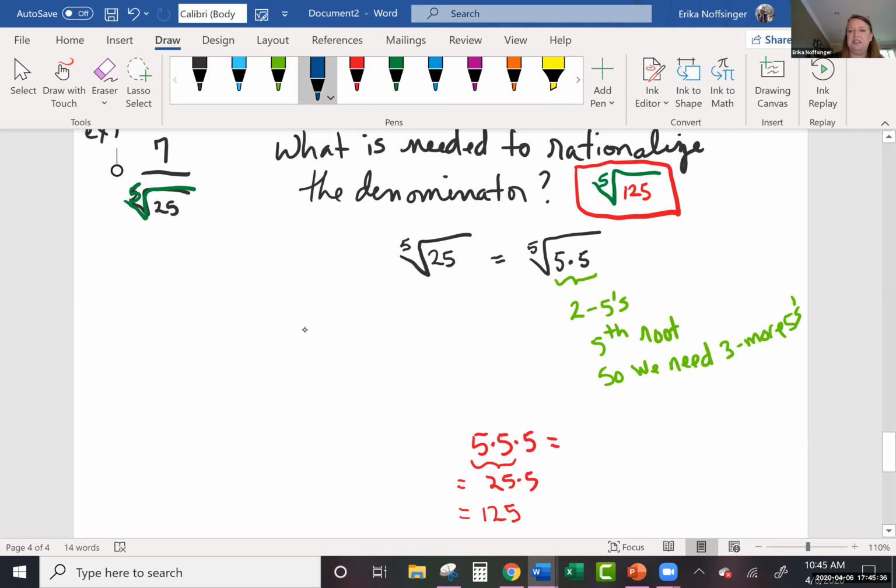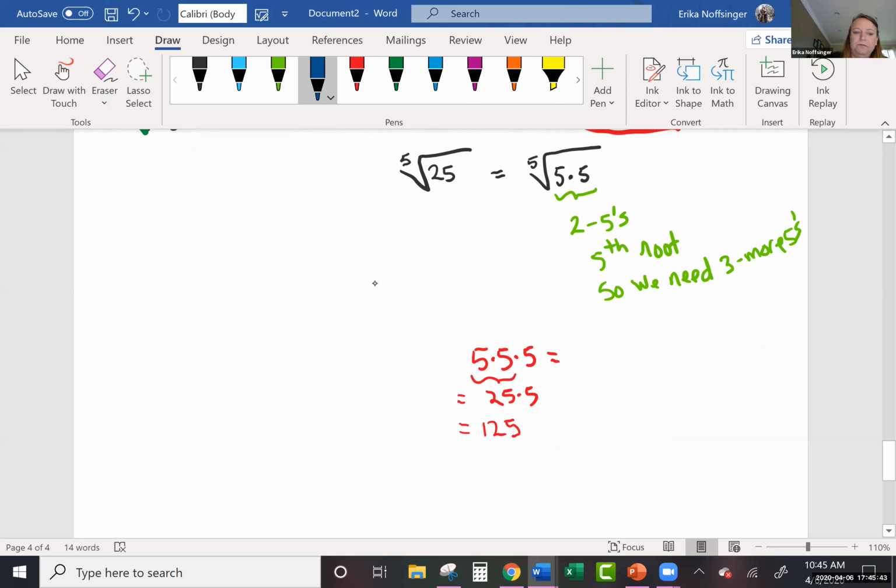Okay, so let's just follow through on that and show that that's what we needed. So this won't be on there, but let's show what we found. Rationalizes the denominator.